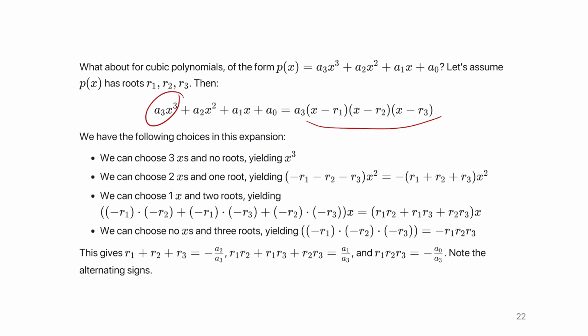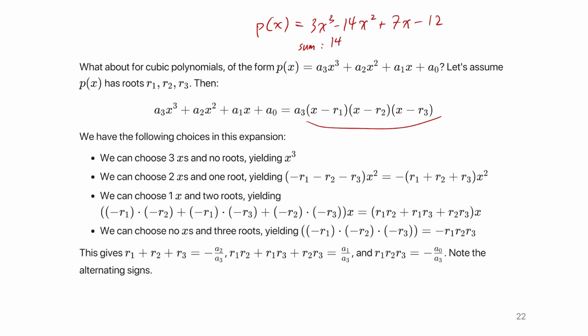As an example, suppose we're given p of x is 3x cubed minus 14x squared plus 7x minus 12. What's the sum of the roots? Good, 14 over 3.